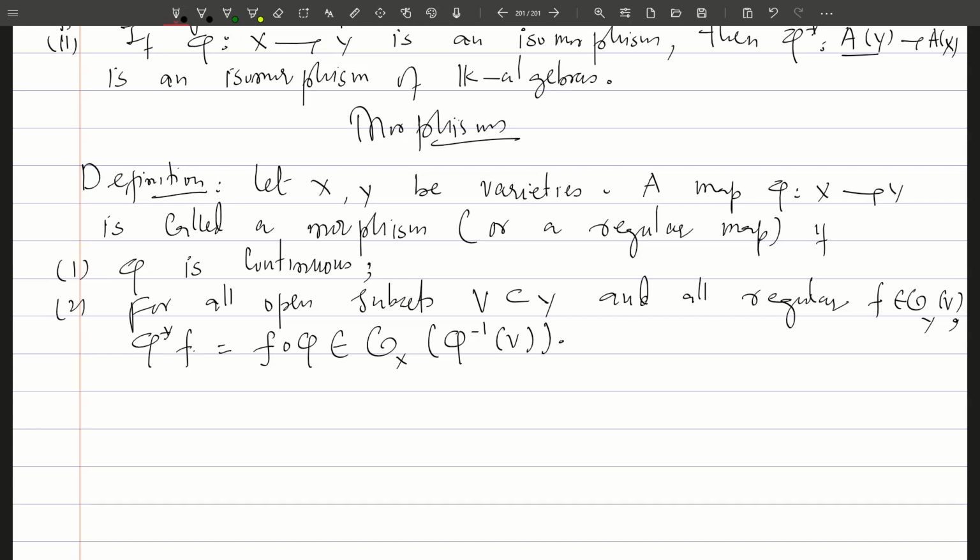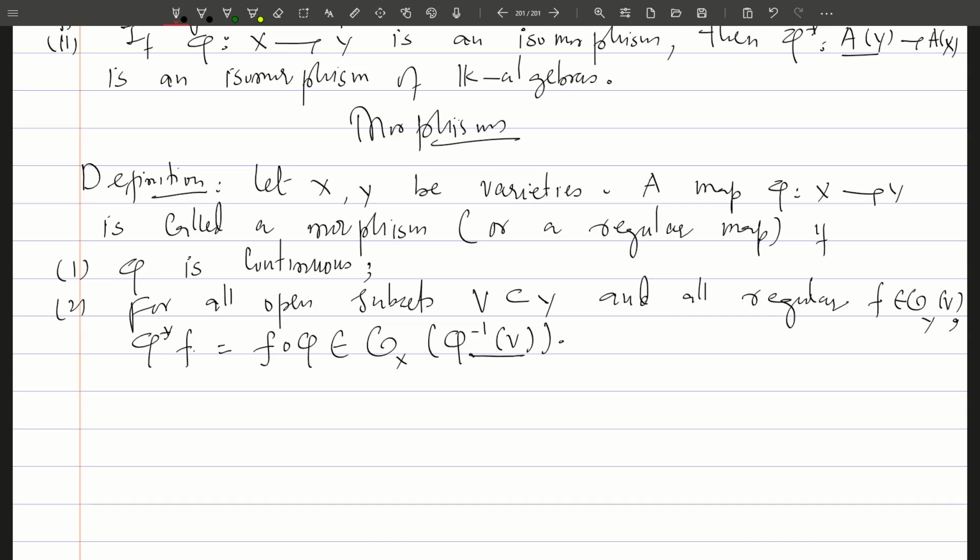Why do we impose the continuity here? One should remember that this thing over here makes sense since we always define regular functions only on open sets. And as we have required phi to be continuous, phi inverse V will be open.